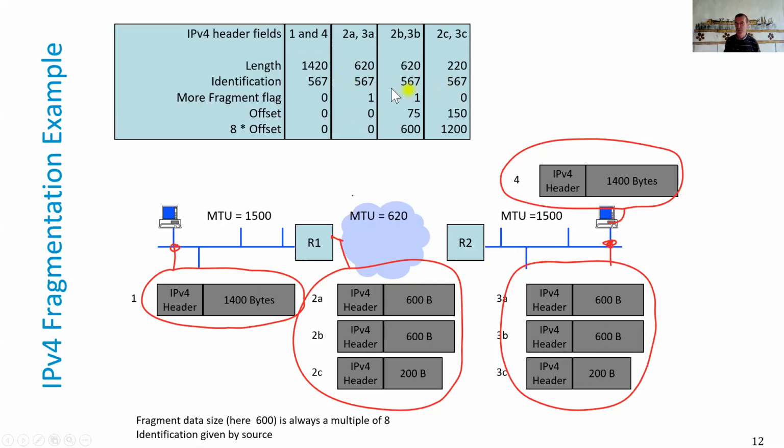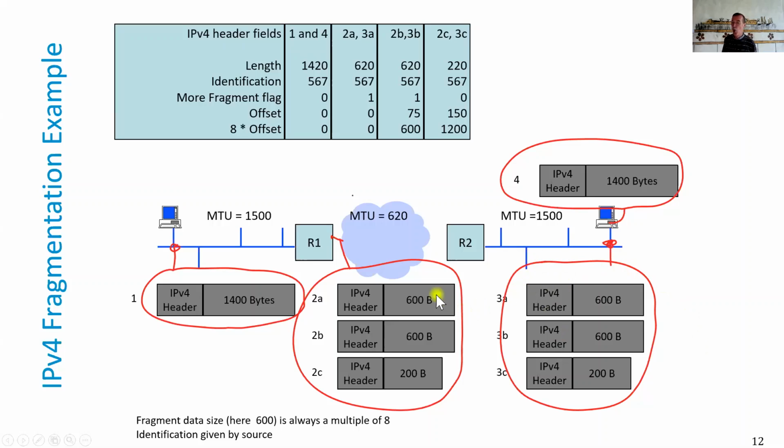That's the glue that helps them be kept together. And there is a flag that says whether it's the last or not, called the more bit. If its value is 1, it means it's not the last. So the first 2 fragments will have the more bit equal to 1, and the last one will have the more bit equal to 0. This will help the reassembly at the destination.